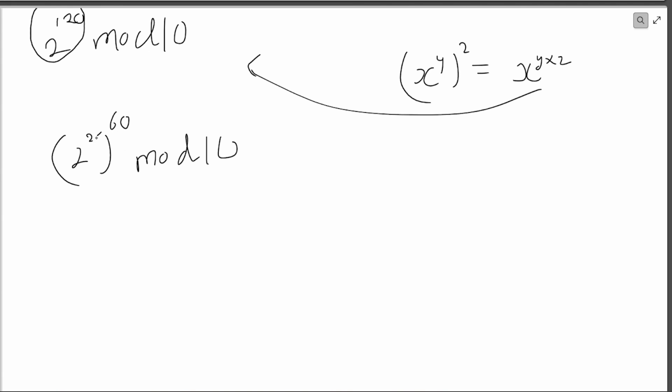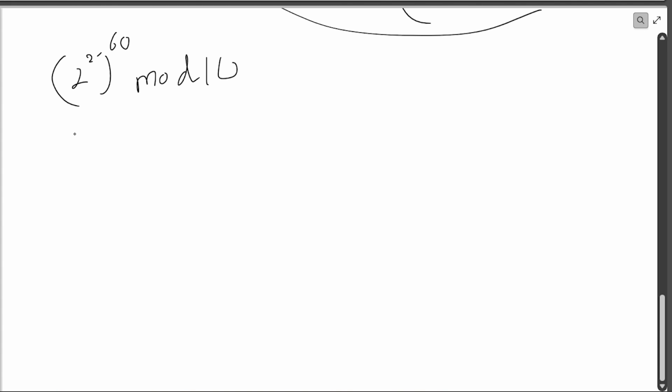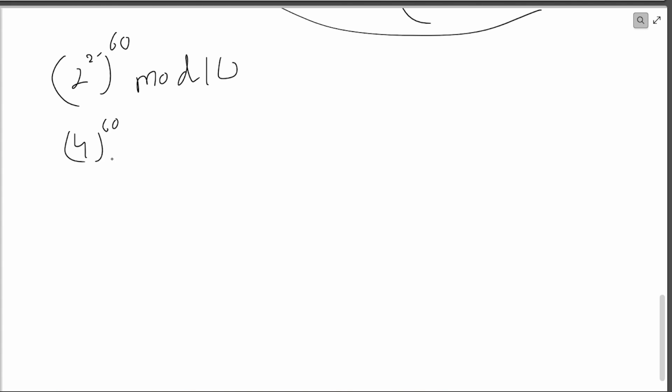So we just brought 2 inside a bracket and then we get this as 4 raised to 60. And we can do this again. So what we'll get? We'll get (4 squared) raised to 30. So what is 4 squared? 16. So we have 16 raised to 30 mod 10. And again, using the mod property, we'll just take the units digit.